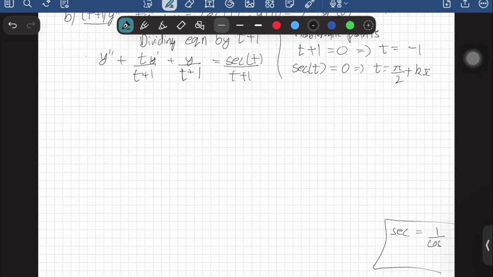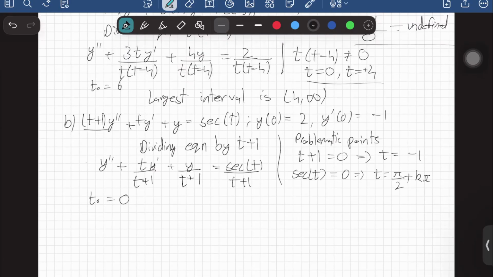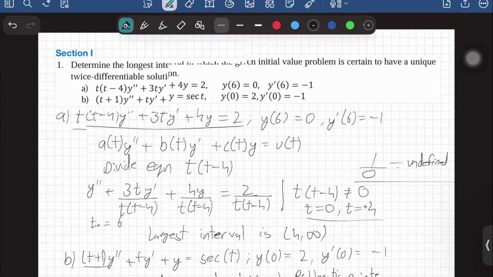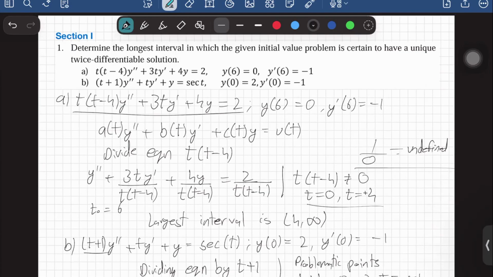And the t naught given to us is 0, right? And we have to find the largest interval in which the given initial value problem has a unique twice differentiable solution, right?